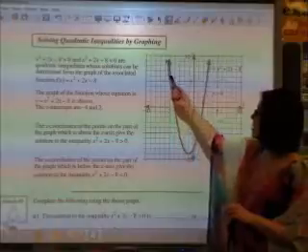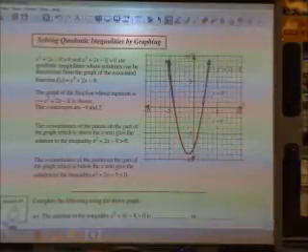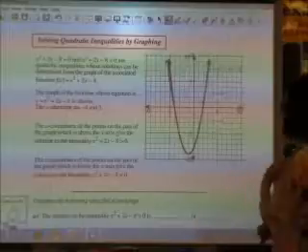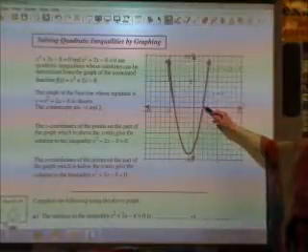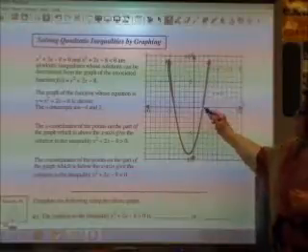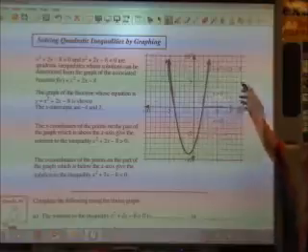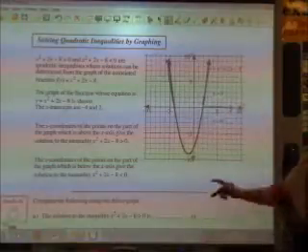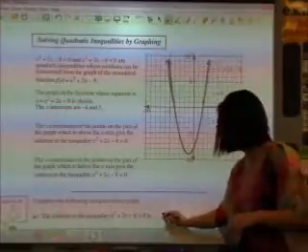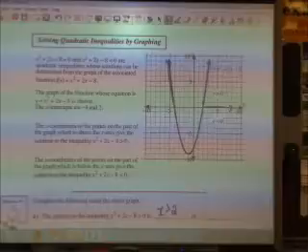If I put in a value that is -6, I will get a positive answer. So how I could express that is I could use all of the values that are greater than 2. Anything that's bigger than 2 is going to result in this inequality being greater than 0. So the solution could be that x can be greater than 2.